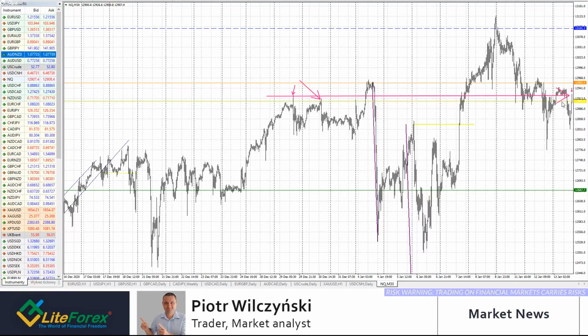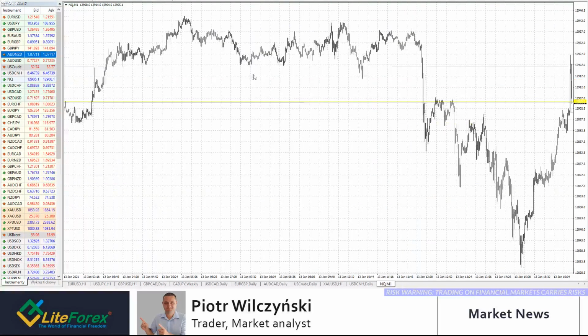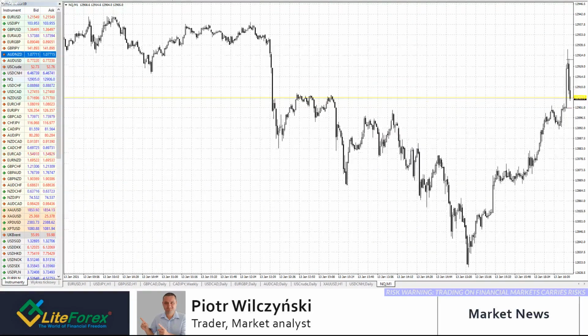So anything between now and 12,955 could be intraday supply. When it comes to the demand, it was tested yesterday, as you can see. All right, we are talking about the levels close to 12,800, and then discussed it earlier from the daily 12,660. Okay, so let's have a look where we are when it comes to this first 5-minute trading range.